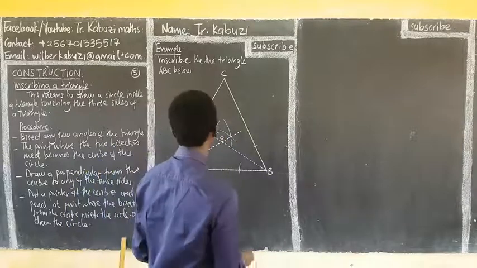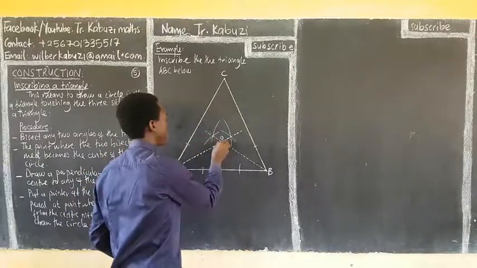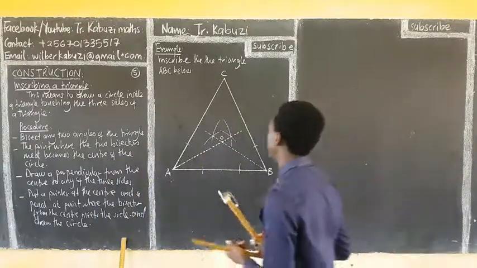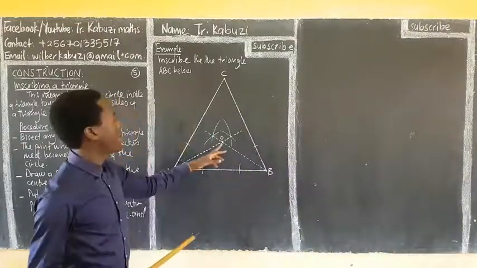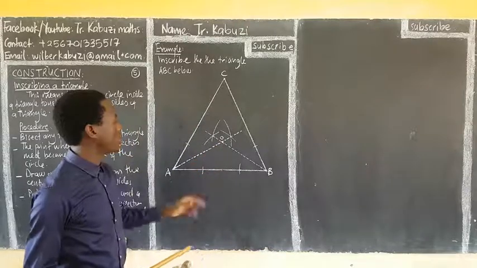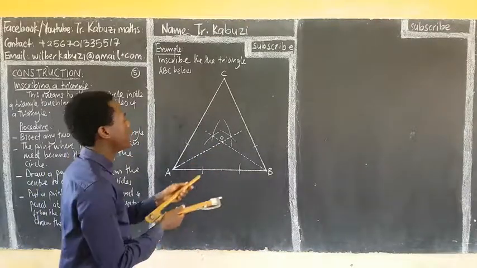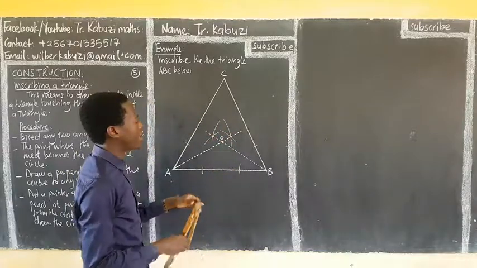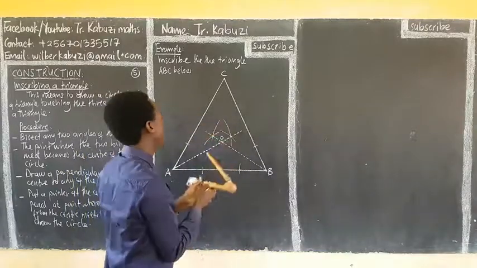Now from there, we said you drop a perpendicular from that center to any of the 2 sides. So I'm going to drop a perpendicular now from this point to this side. How do we drop a perpendicular from a point outside the line? Hope you remember that first lesson.